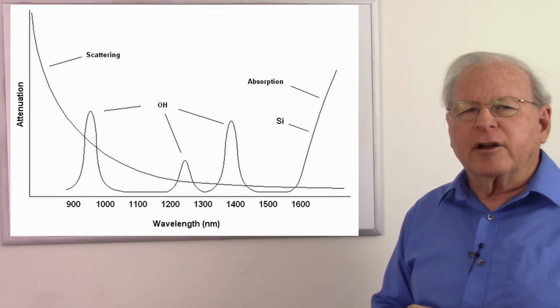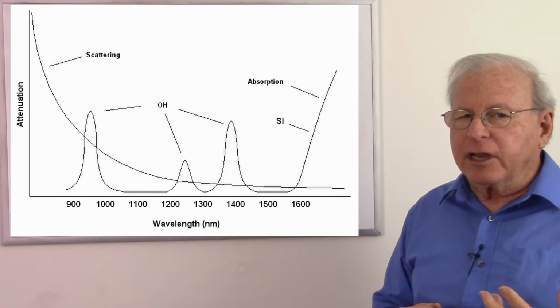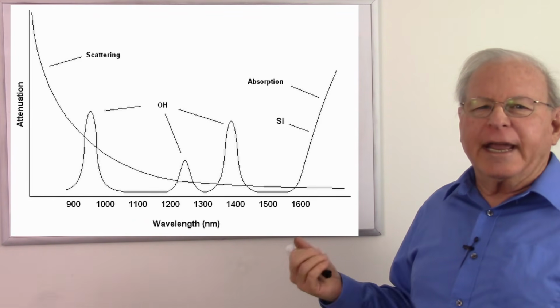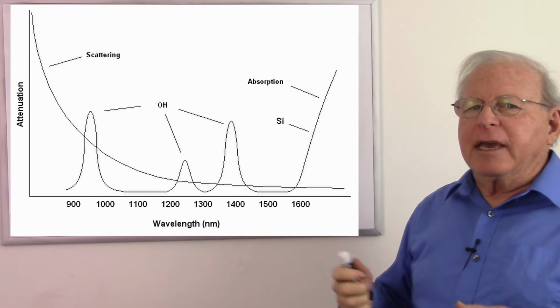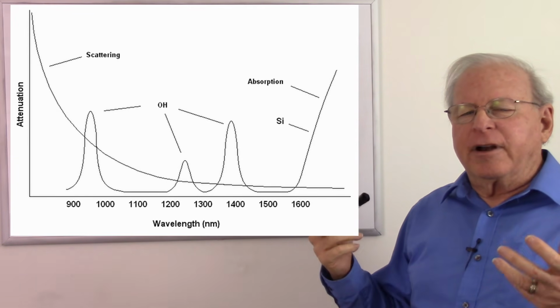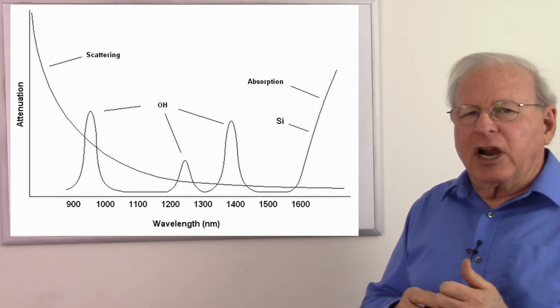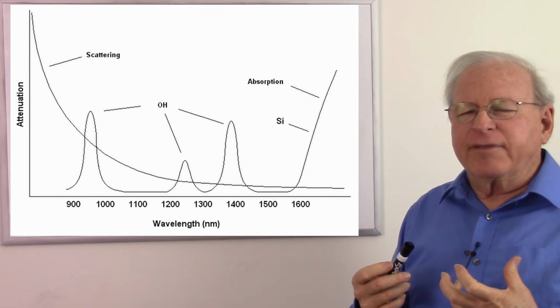This is related to what I talked about earlier in a previous video about how we can tell what elements are in a galaxy millions of light years away because different atoms dropping their energy are going to do that at different wavelengths.